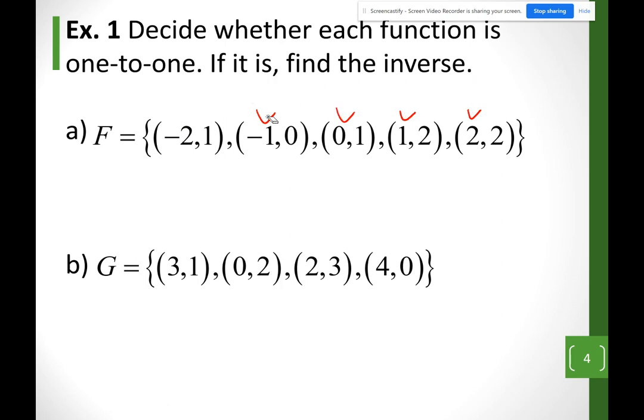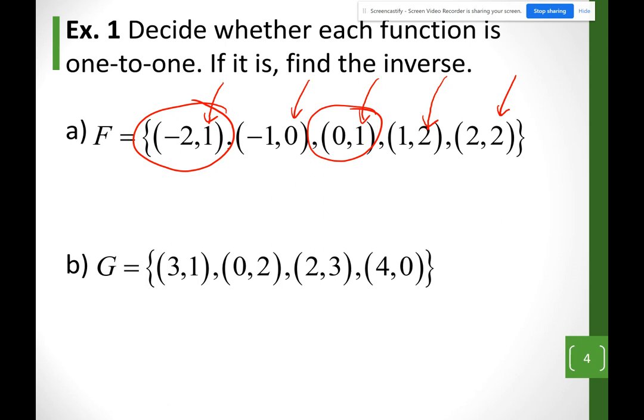Now it's asking me, check if it is a one-to-one function. So now I'm looking at the y values, and I'm making sure they are used only once. I have these 2 points. They have the same y value. And then I have these 2 points that have the same y value.